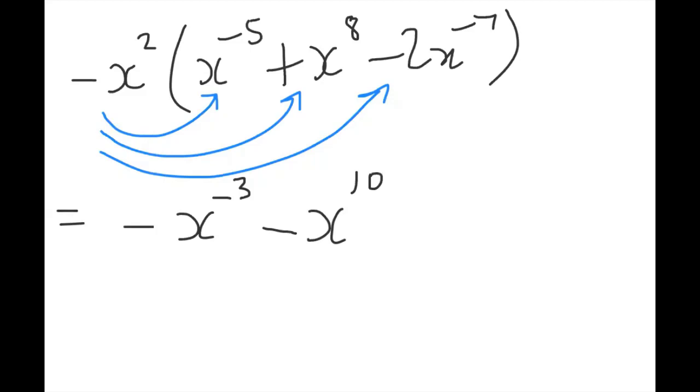The last one is going to be plus 2x to the power, 2 minus 7, that is minus 5. Just double check. Minus x^-3, that is minus x^10, and that is plus 2x^(2 minus 7), which is minus 5.